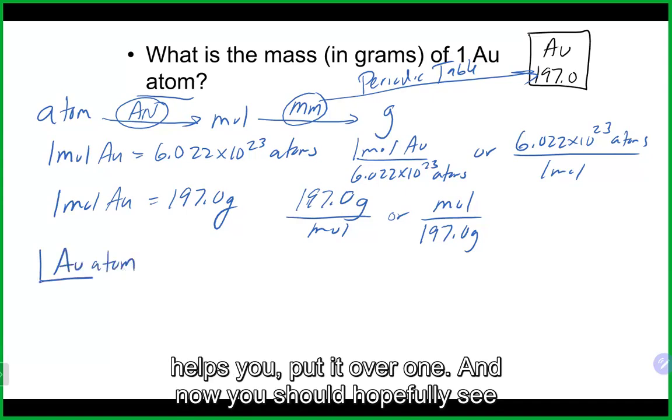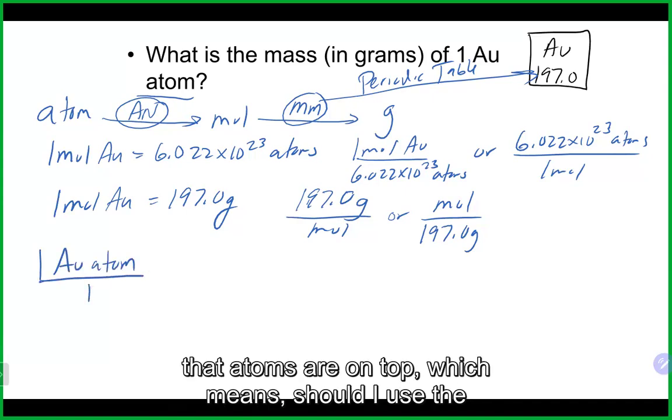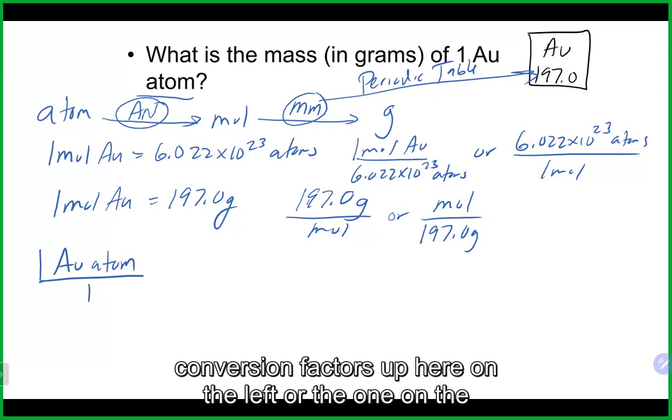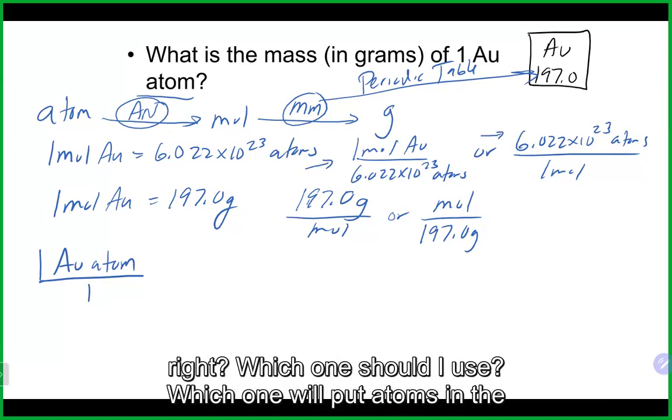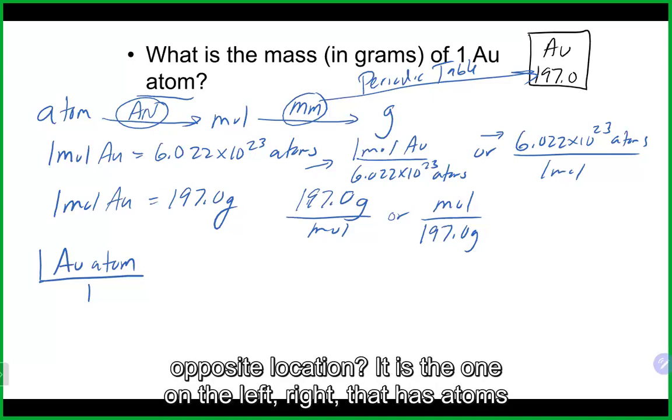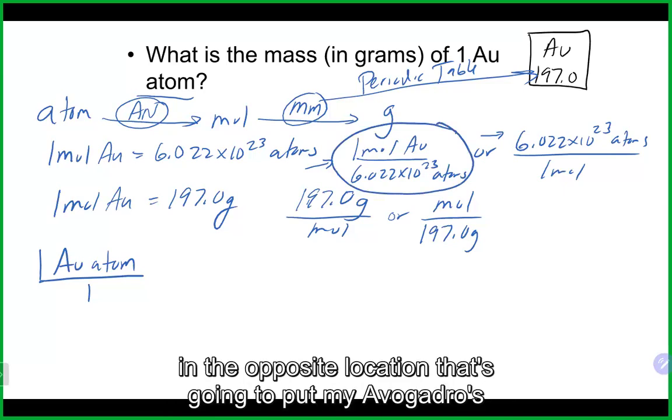And once again, if it helps you, put it over 1. Now you should hopefully see that atoms are on top, which means, should I use the conversion factor up here on the left or the one on the right? Which one will put atoms in the opposite location? It is the one on the left, right? That has atoms in the opposite location.